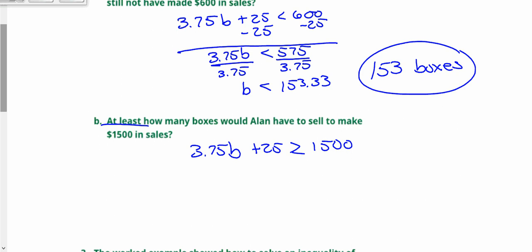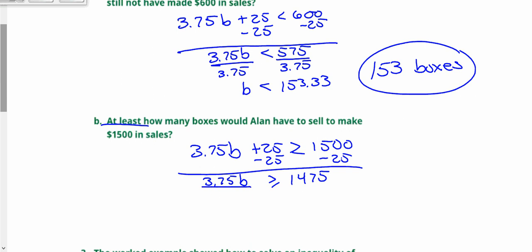Then the same process: subtract 25 on both sides. You get 3.75b is greater than or equal to 1,475.